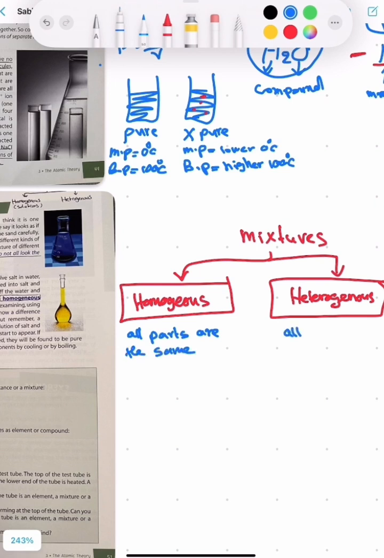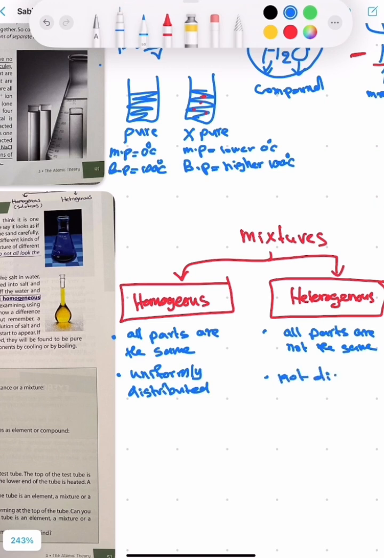In heterogeneous mixtures, all parts are not the same. Meaning, in homogeneous, the particles are uniformly distributed, but for heterogeneous, they're not distributed uniformly.